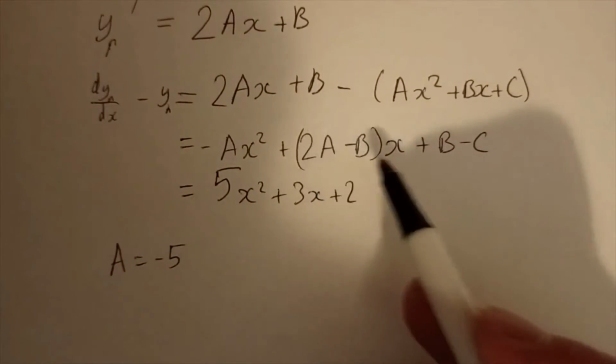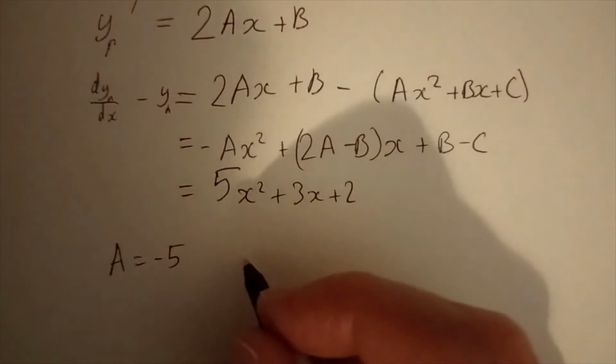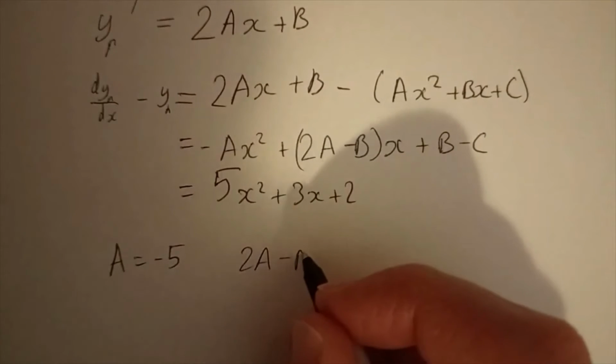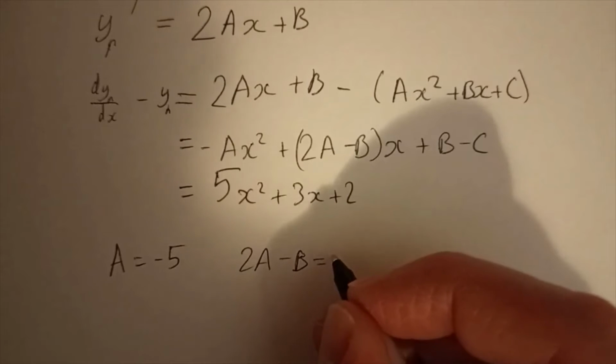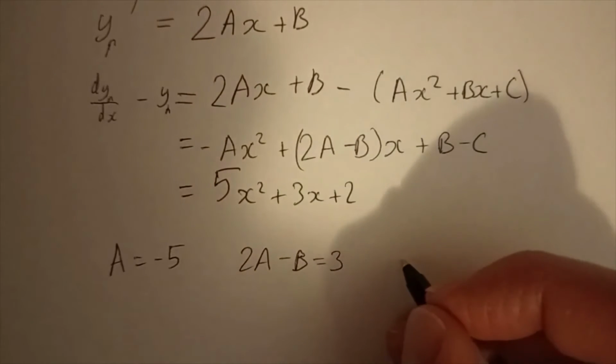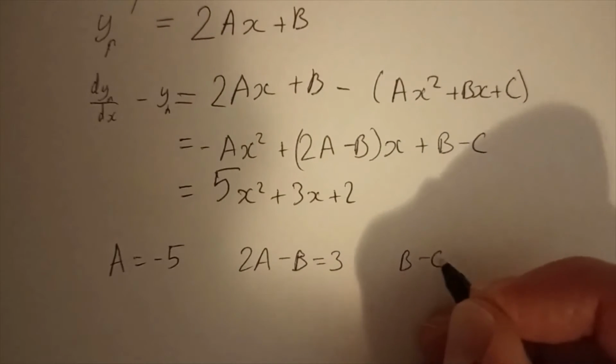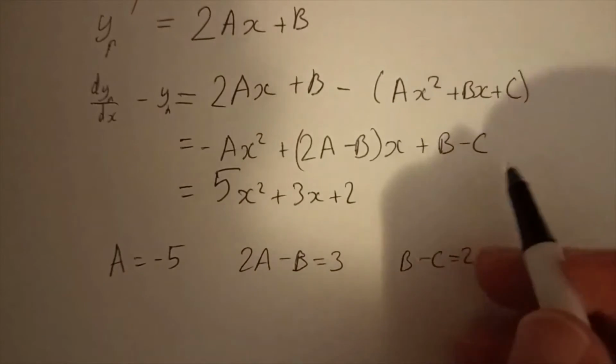And similarly 2a minus b has to equal 3. And b minus c will have to equal 2.